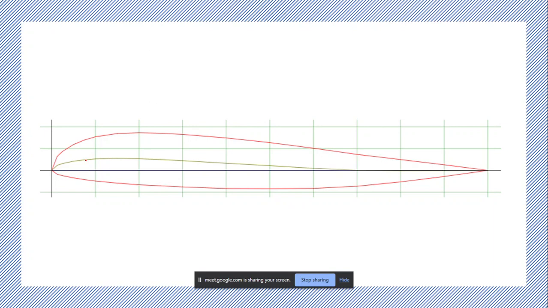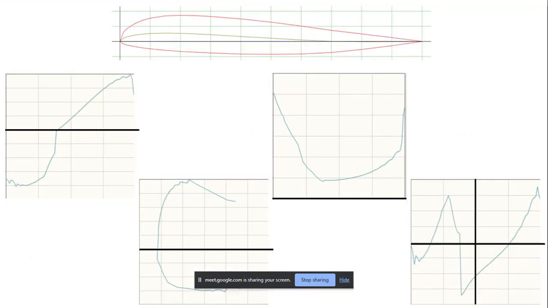Okay, so let's just look at the graphs. Now they've given you 4 graphs. Try identifying what each of them is. The question here actually was which is the CM versus alpha graph. But let's just try identifying all these graphs, what they represent.